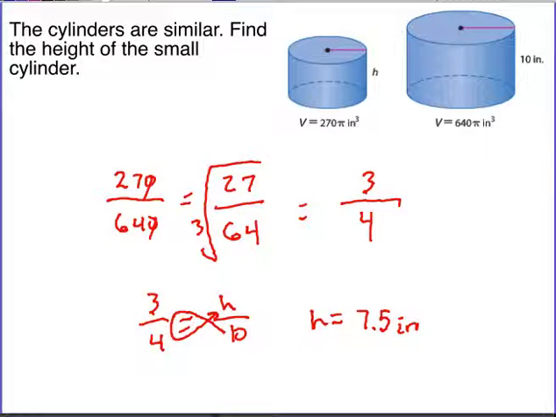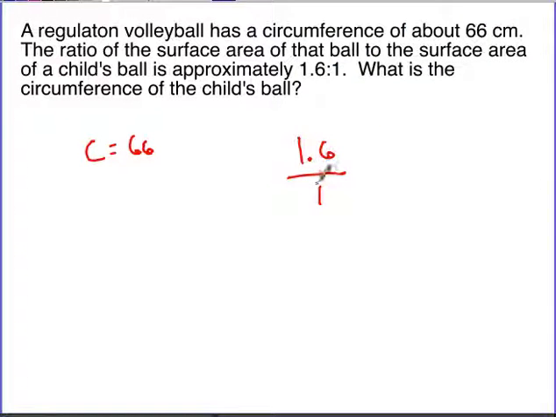Cube root. Here we have the ratio of the surface area. Surface area has how many dimensions? 2 dimensions. So we're either going to square it or we're going to square root it. We're going to square root it because we want to change it into the ratio for the linear measurements.